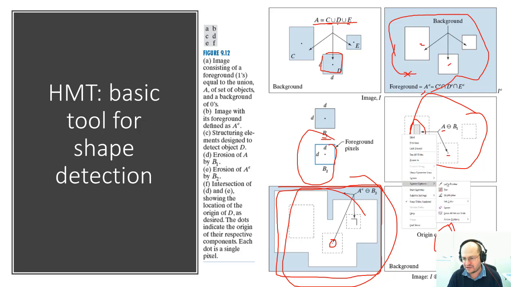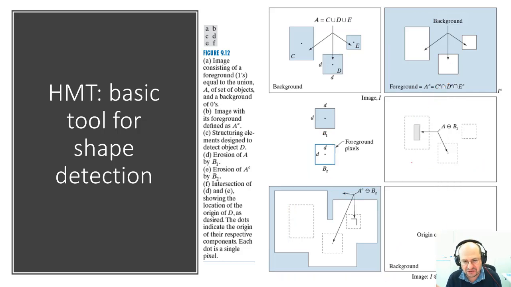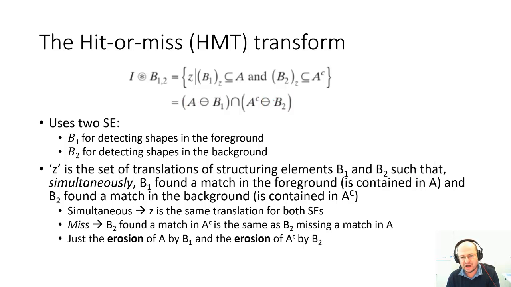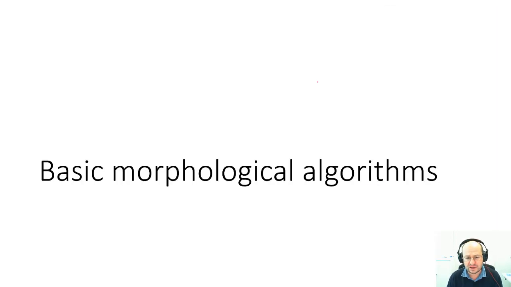Wow, impressive. That's all there is. As I said, there's only dilation and erosion, and this is a smart combination of them, but now using two structuring elements and also playing with foreground and background, which is just the complement of the foreground. There's nothing more to it.